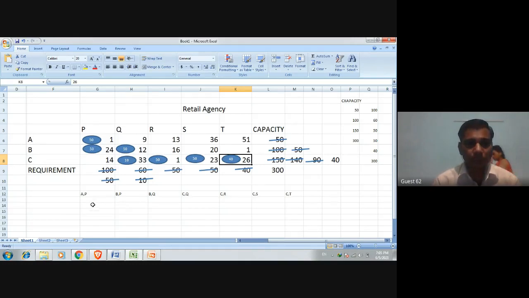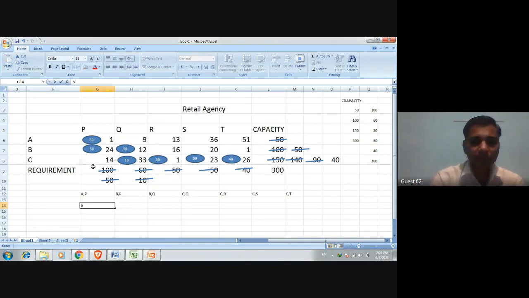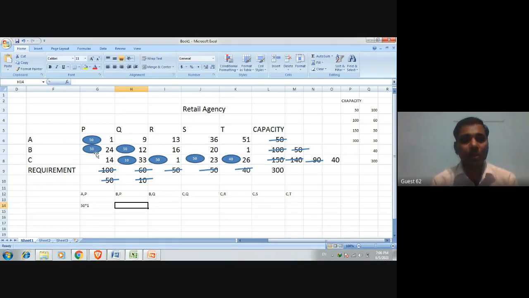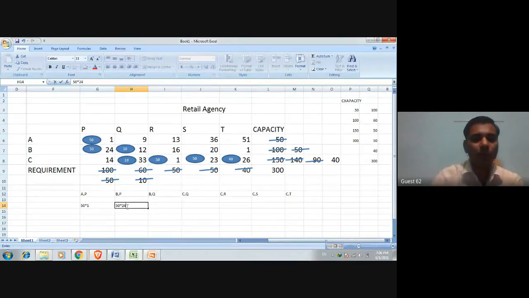So in this situation, let us see. We have sent 50 units to retail agency P and the per unit cost is 1. So we will multiply 50 into 1. Okay. Second, now we have sent 50 units to P from B and the per unit cost is 24. So we will multiply 50 into 24.